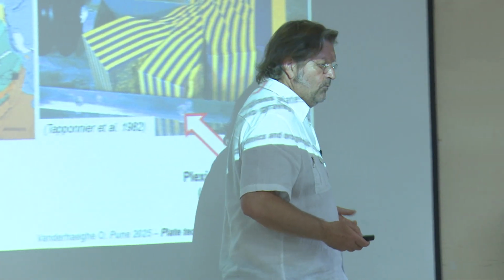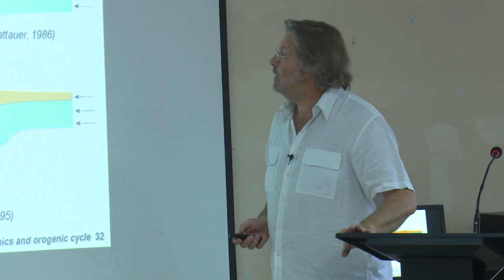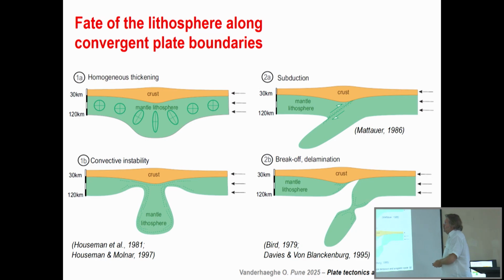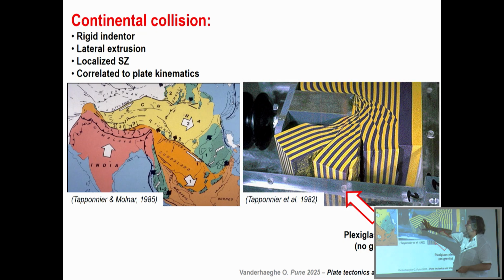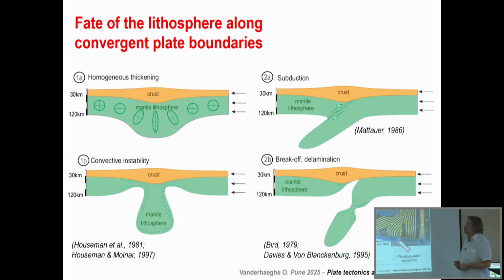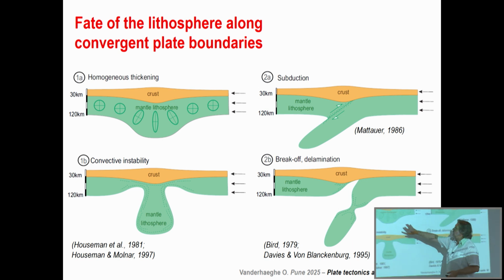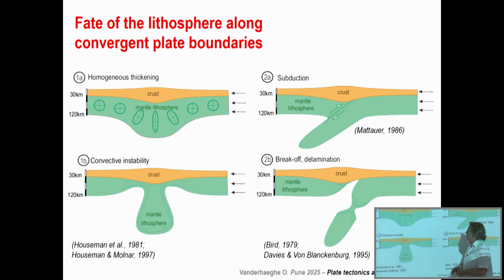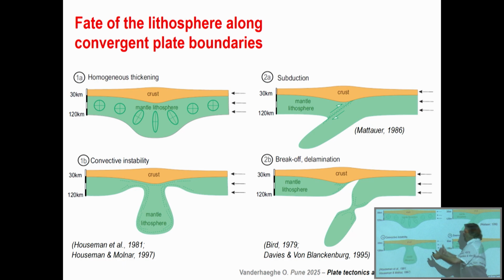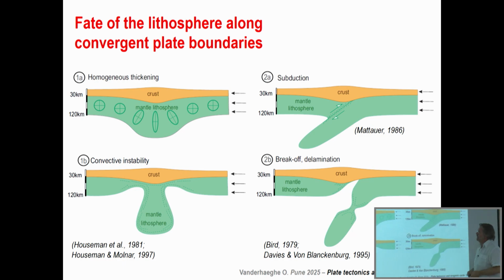But it's been very influential and stimulating. So what it also shows is that they considered here that the lithosphere is a single entity, and in zones of plate collisions, the lithosphere is probably thickening homogeneously, except that it's been dissected by lithospheric scale shear zones that allow for extrusion. And we come back to that.